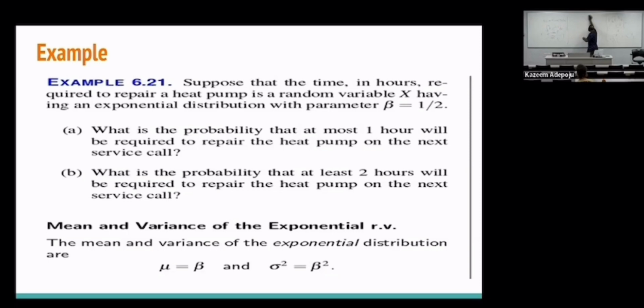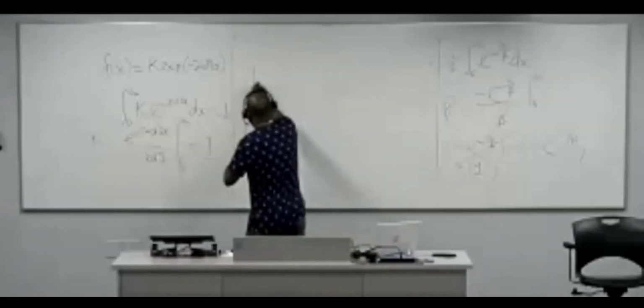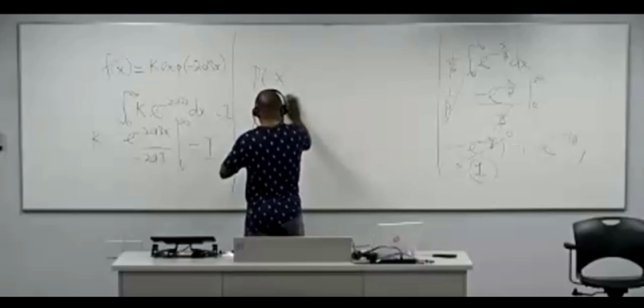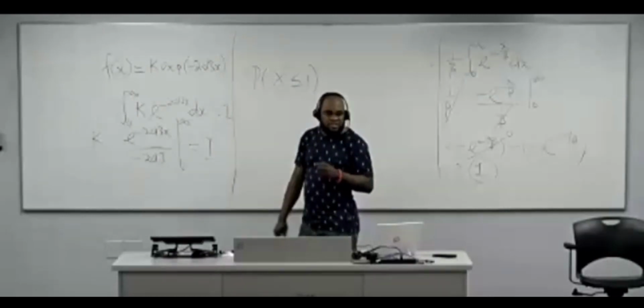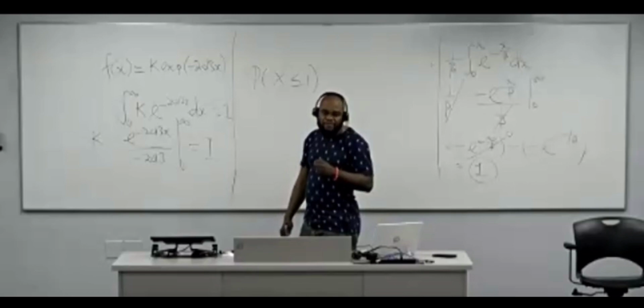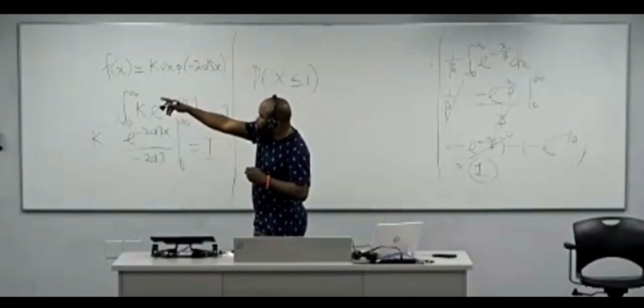It means you basically want to figure out the probability of S less than or equal to 1. When I say at most, I must not go beyond that particular value. One hour will be required to repair the pump.